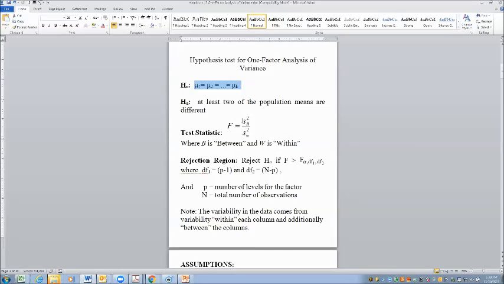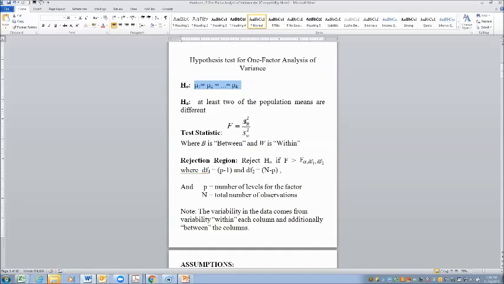It's given by the equation S sub b squared over S sub w squared, where S sub b squared represents the variance between columns, and S sub w squared is the variance within columns.